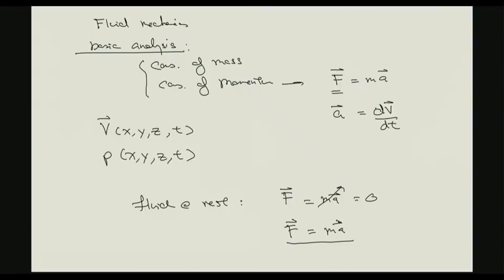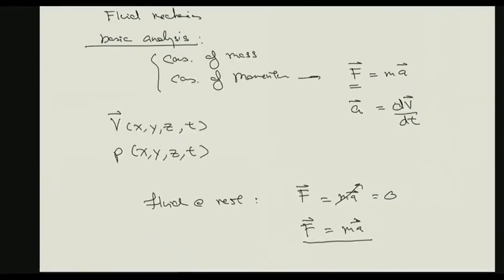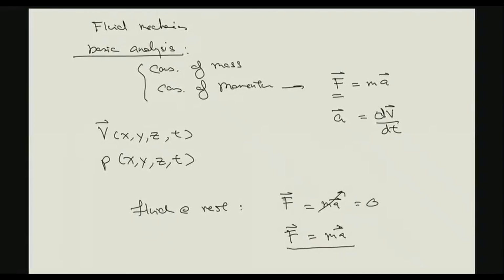All right, and then I just wanted to make a comment that in fluid mechanics, as I mentioned last week, the very basic analysis of fluid dynamics is going to involve applying these basic laws of physics: conservation of mass, conservation of momentum, which is essentially Newton's second law.